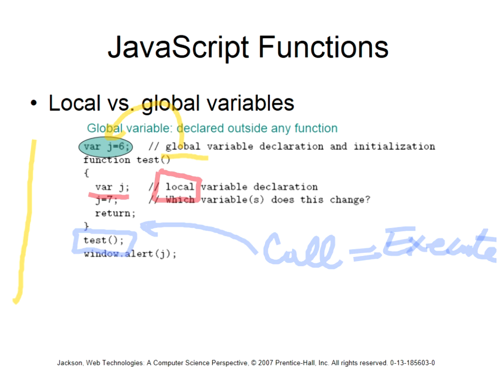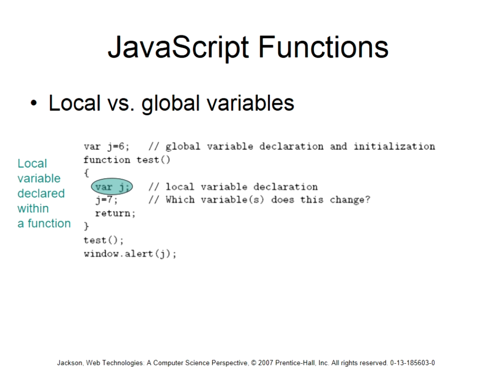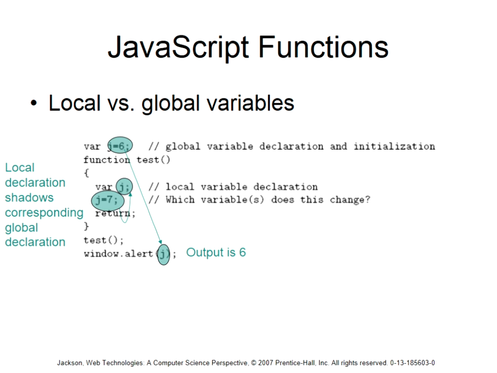So in the beginning, variable g equals 6. After that, when we call test, normally the value of g will be modified to 7. Okay? But here, the output will be 6, not 7. Why?